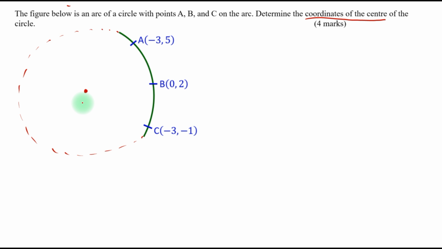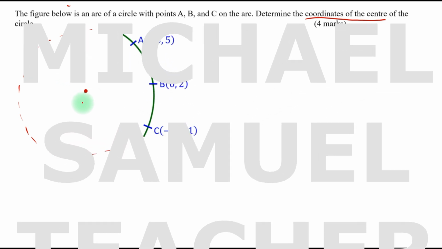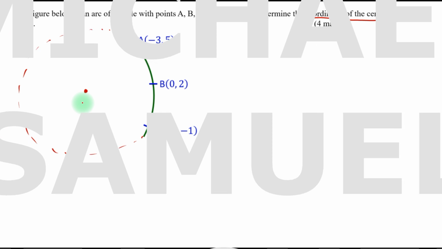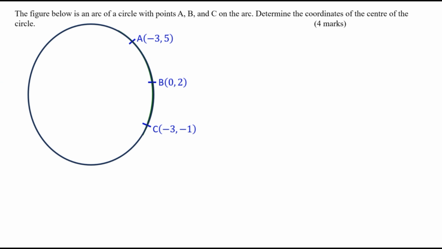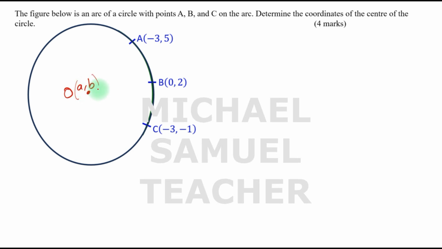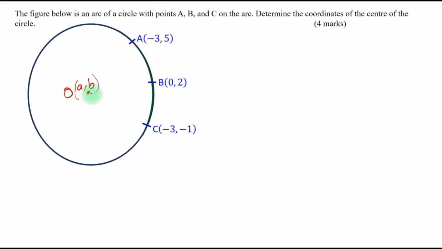We are going to begin with the first approach, whereby we know about the equation of a circle. This is a circle with the center, let us call the center O, with coordinates a, b.